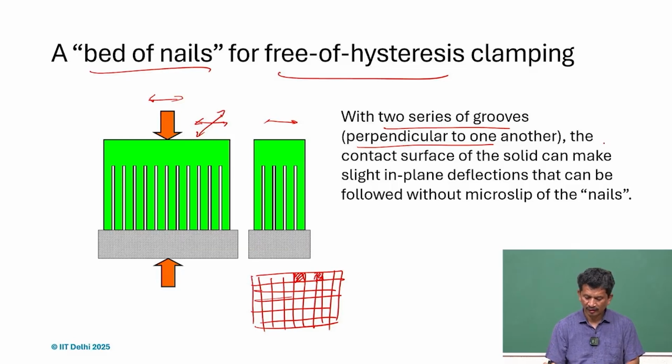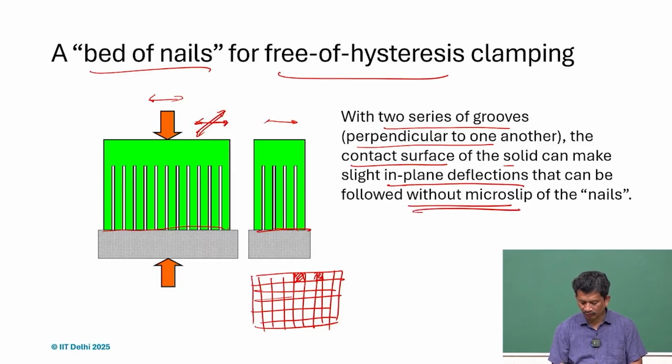So what this is saying is, the contact surface of the solid here can make slight in-plane deflections. So these deflections are now possible without micro slip.